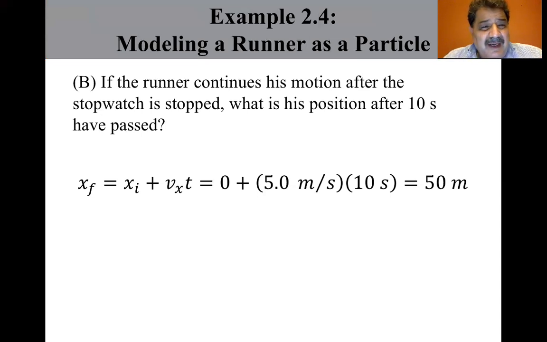A good sprinter can run 100 meters in about 10 seconds, so that's about 10 meters per second. Notice that the value in part B is more than twice that of the 20-meter position at which the stopwatch was stopped. Is this value consistent with the time of 10 seconds being more than twice the time of 4 seconds? Yes.